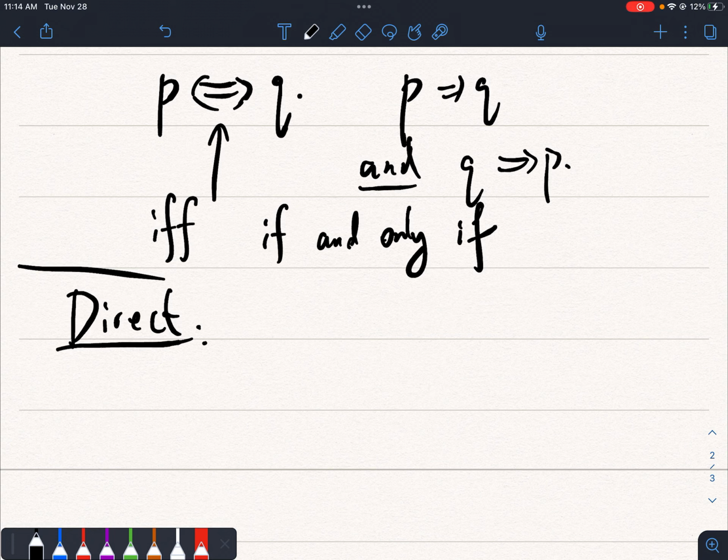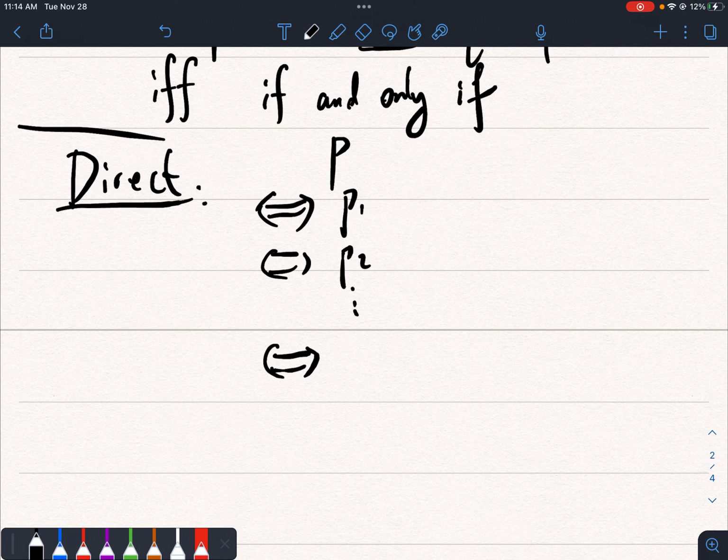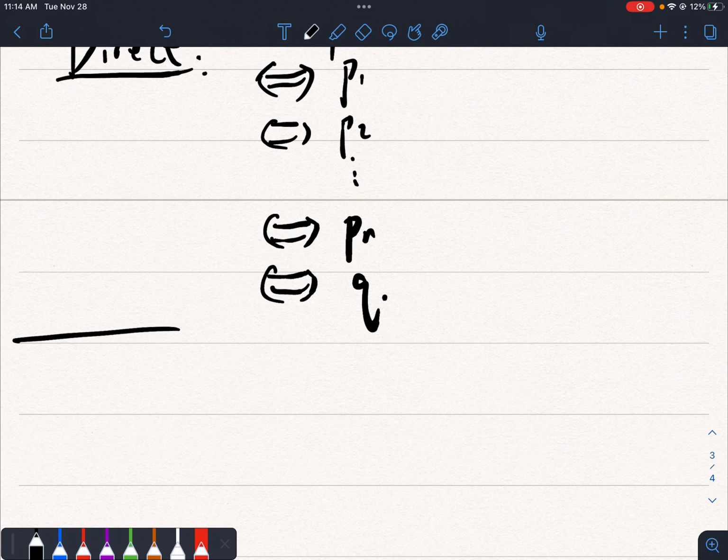So a direct proof would be we can show P is logically equivalent, or let's say P if and only if P1, if and only if P2, and so on, all the way up to Pn, and then if and only if Q. So sometimes this will be true, and then you have to be careful because it will always cause mistakes. But sometimes you can prove in this way. But most of the time we do it in two different directions.